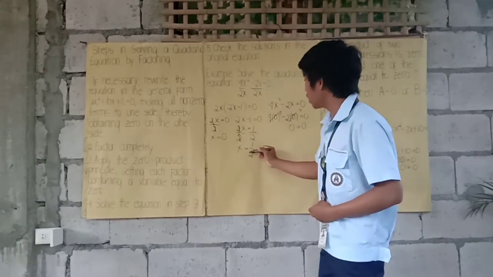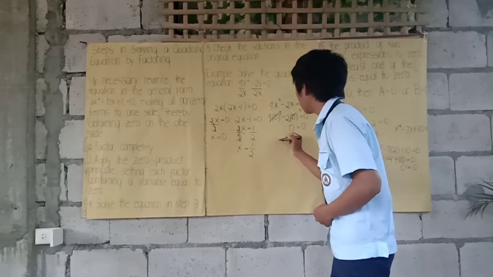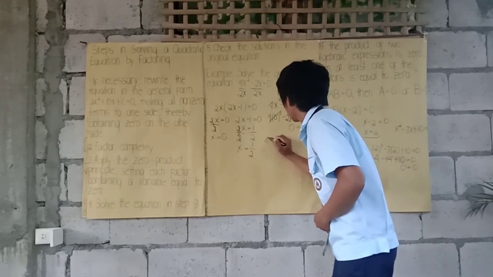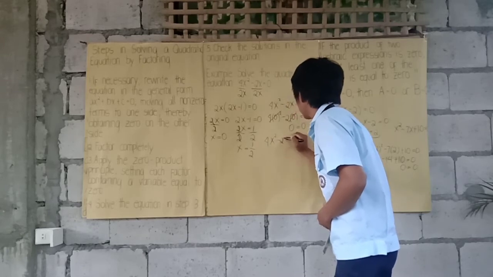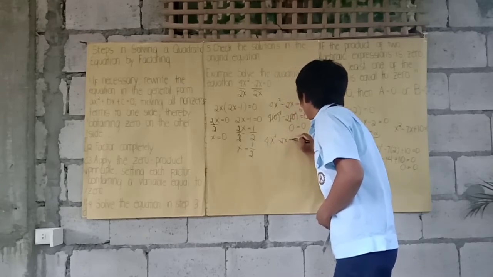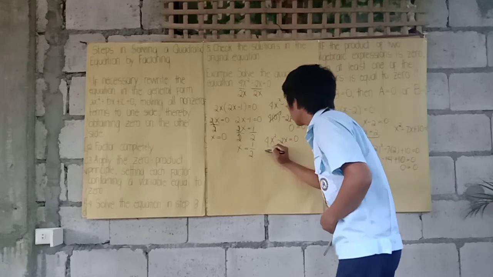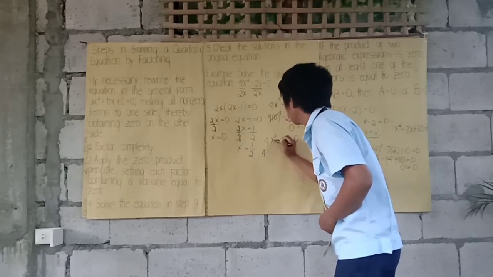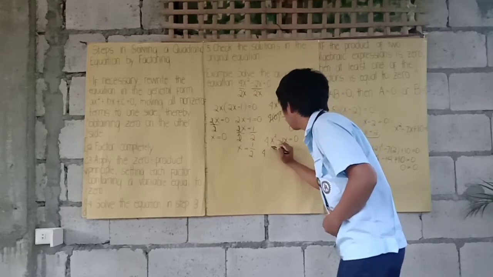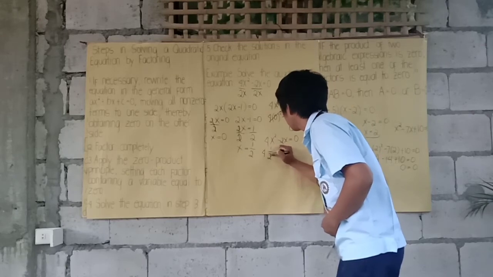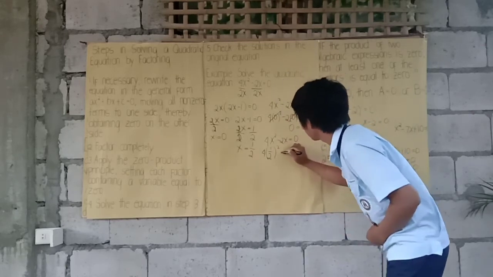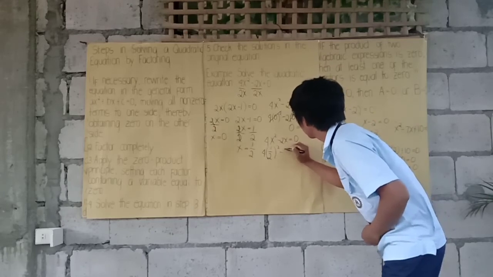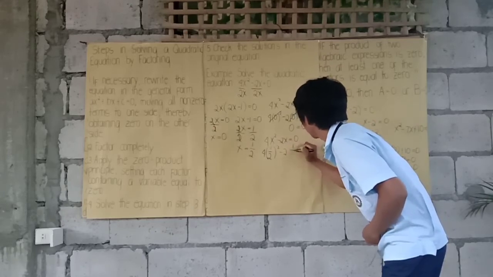So, yung isa naman nating value ng x, yung 1/2. 4x squared minus 2x, yung original equation natin. So, yung 4, yung value ng x natin na 1/2, squared, minus 2 times 1/2.